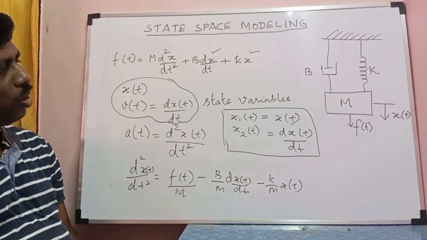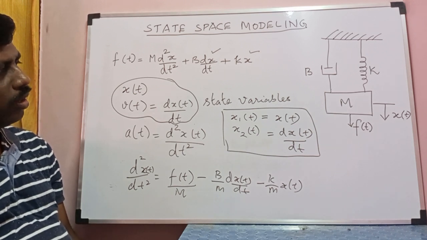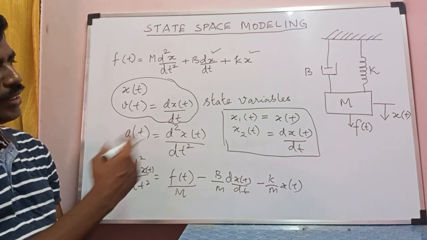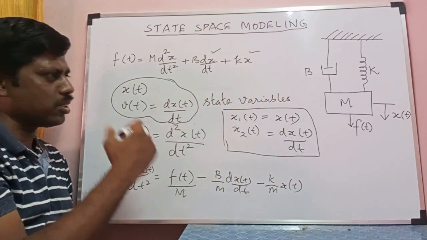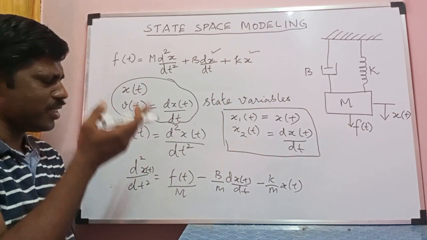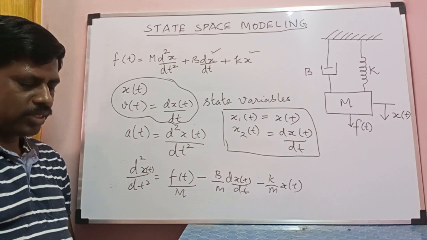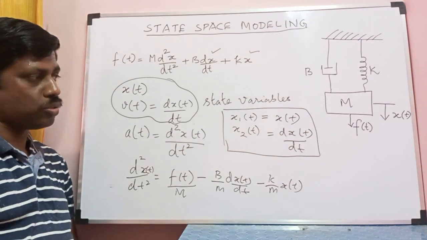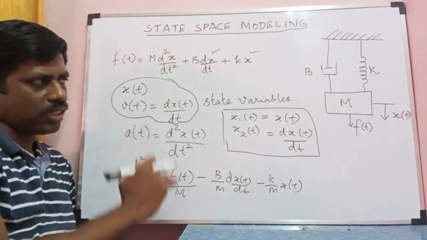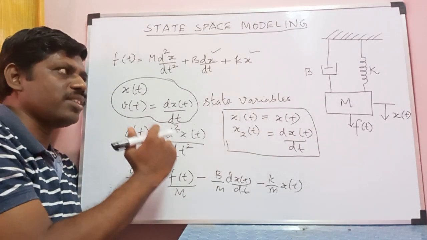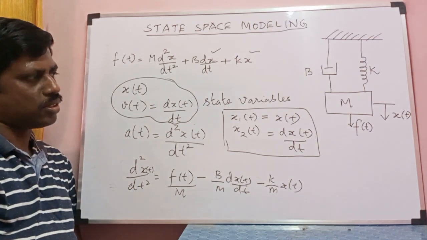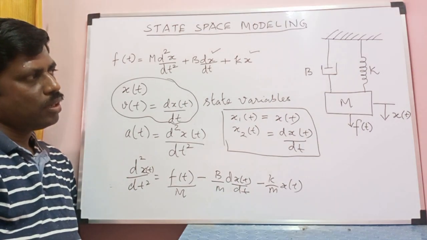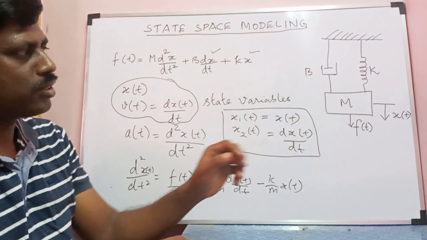If you look at the system, I can relate the state variables to the physical system also. There is an easy way to identify the state variables. Usually the state variables are associated with the energy storage elements in the system. So what are the energy storage elements in the system?